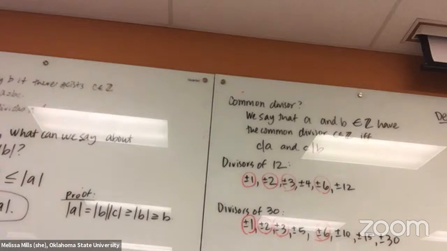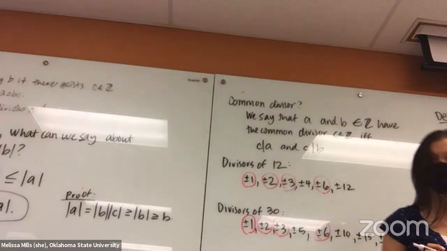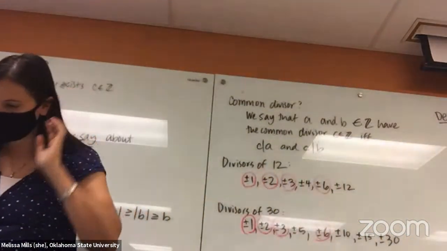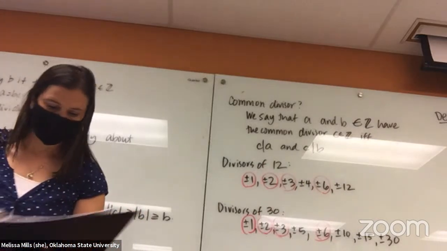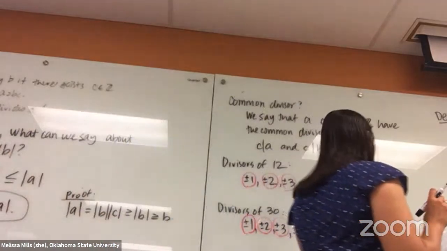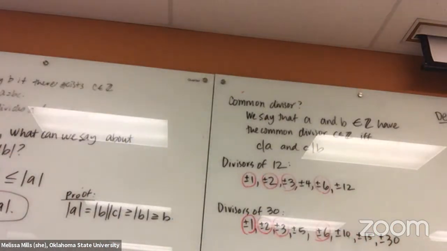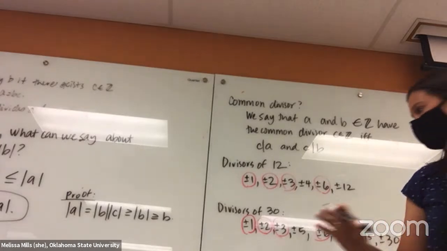The greatest common divisor of integers A and B is the number, the integer D that has the properties. Oh, so I guess we have to say that A and B are not both 0. Integers A and B not both 0.